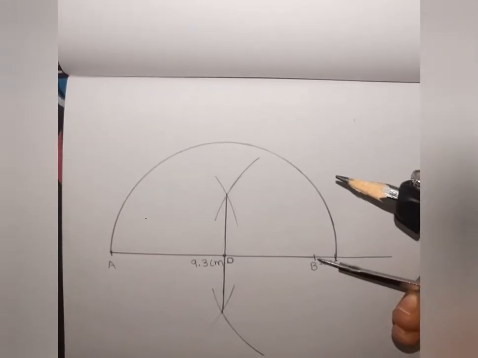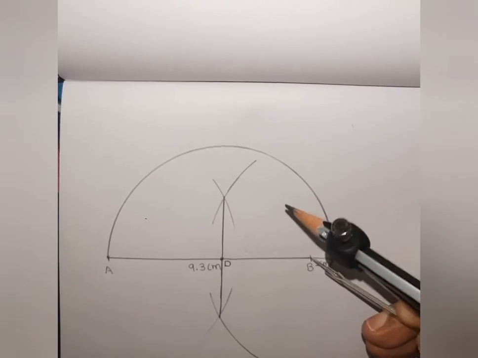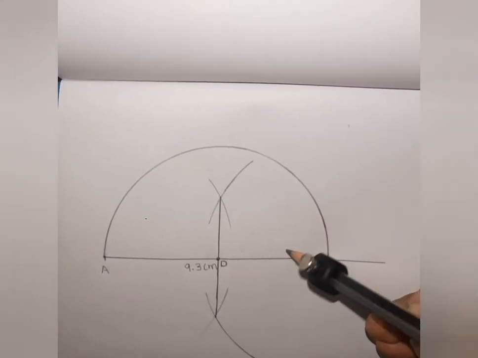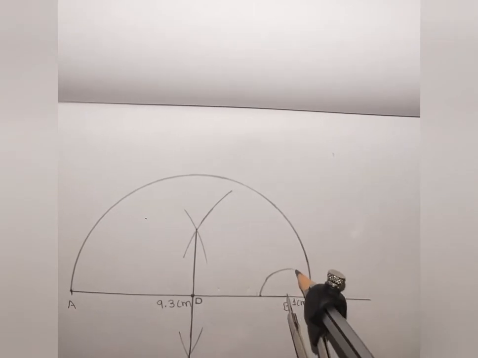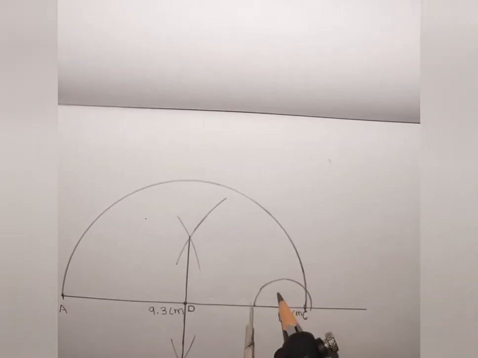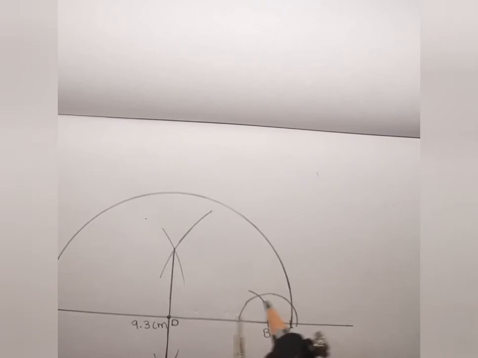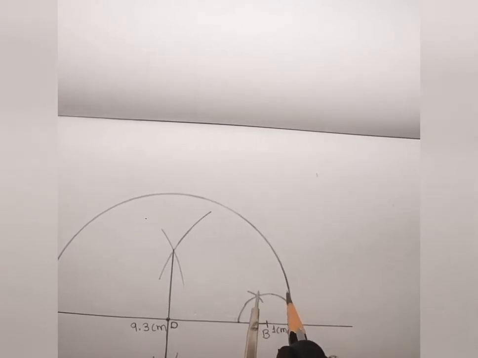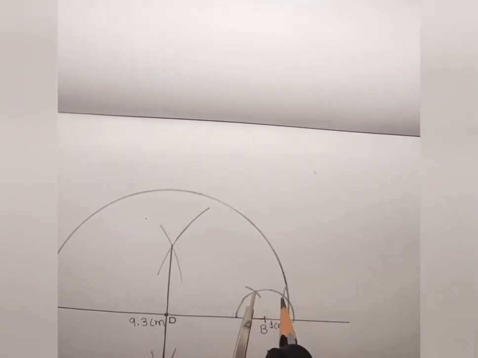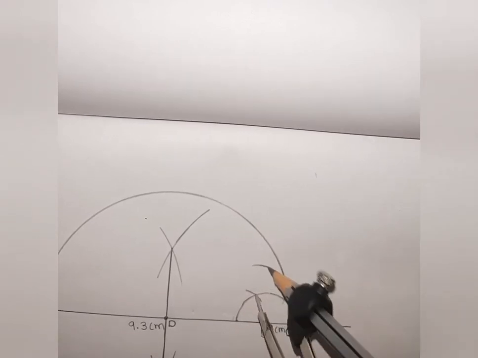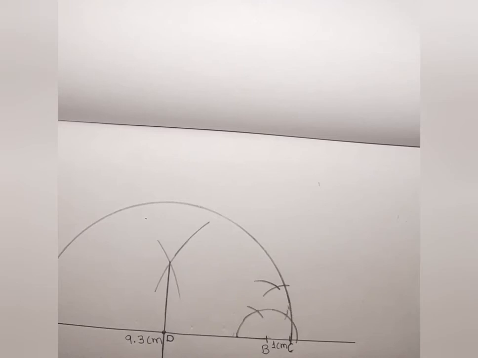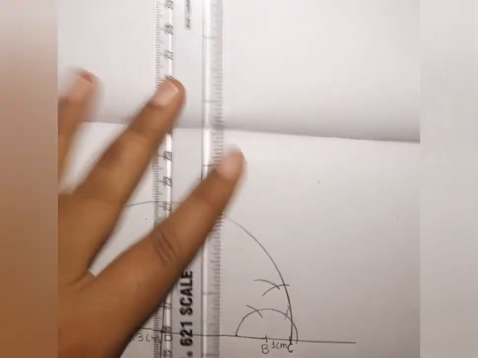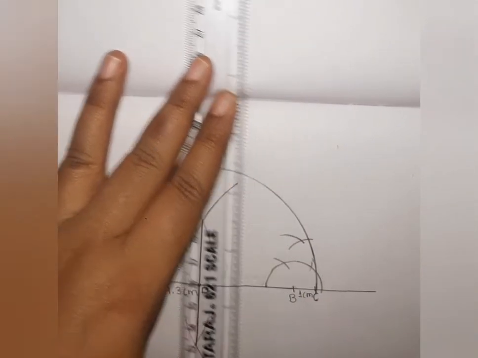Next, construct the perpendicular bisector at B point. Perpendicular bisector means construct a 90-degree angle at B point. So here we mark the points on the semicircle. Next, two more intersecting arcs. Now join this intersecting arc to your B point.